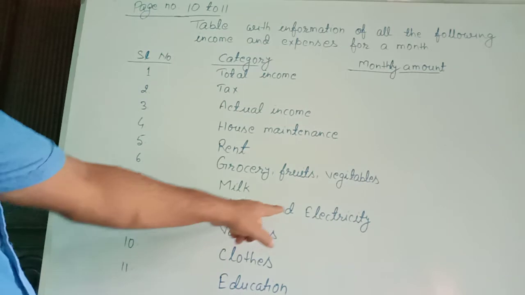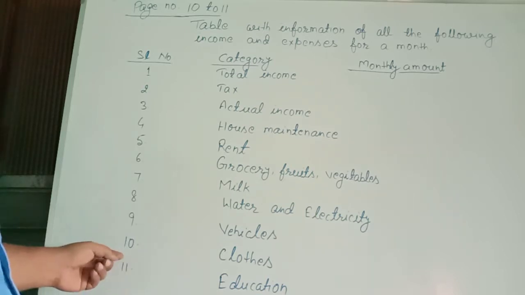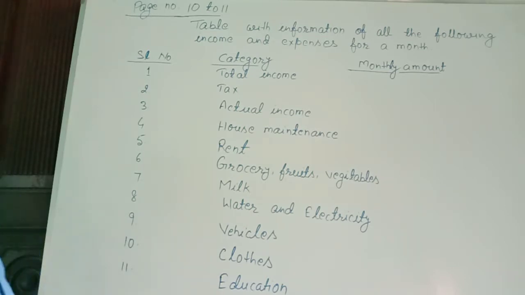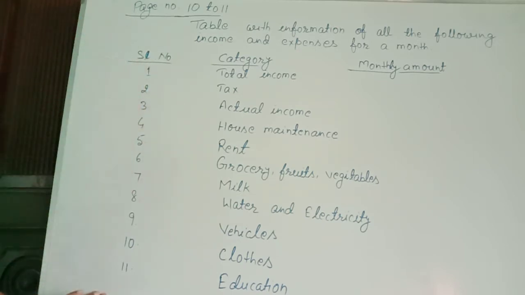Number 8, water and electricity. Number 9, vehicles, cost of petrol including maintenance. Number 10, clothes. Number 11, education, of the students in lower classes or higher classes, or those preparing for competitive examinations. So in this table I have mentioned these 11 categories.